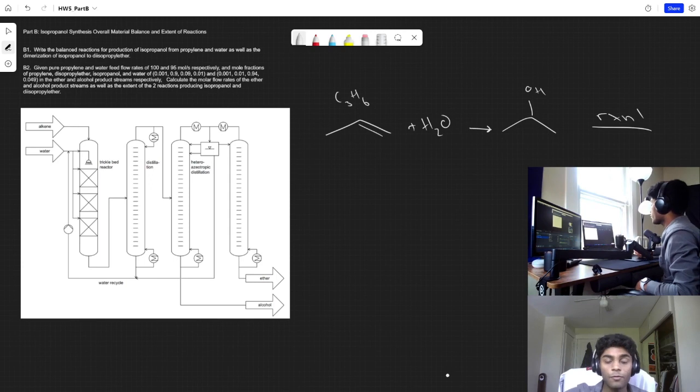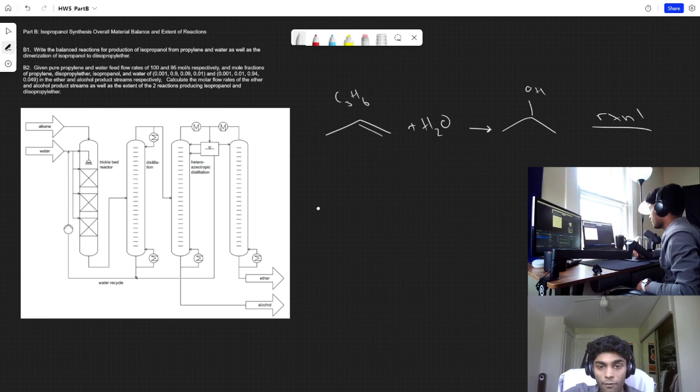And what further ends up happening in this trickle bed reactor here is we have some polystyrene beads that are treated with a sulfuric acid catalyst. What this catalyst allows us to do is allow this product to undergo Williamson ether synthesis.